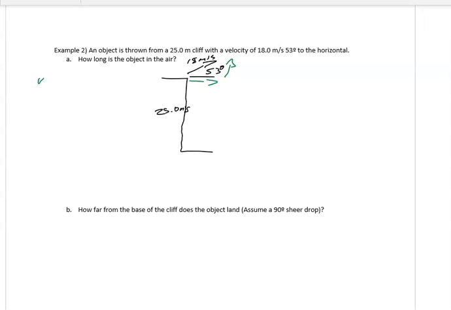To find that x component, that's going to be 18 cos 53, and to find the y component, that's going to be 18 sine 53. That x component is 10.83 meters per second.